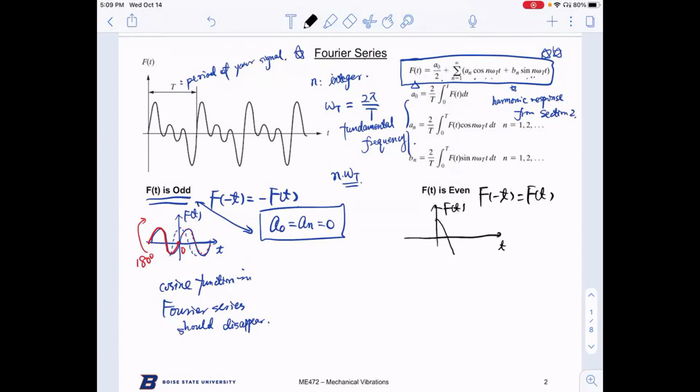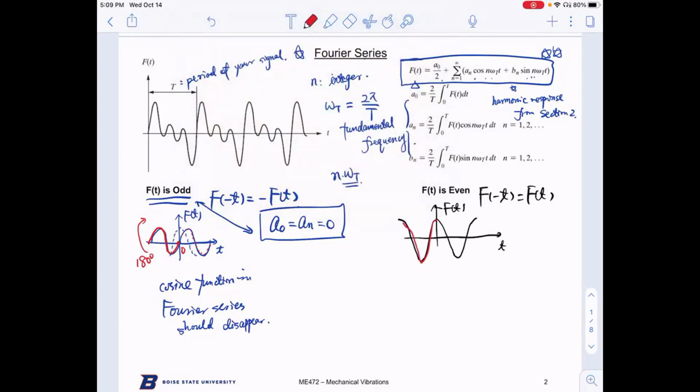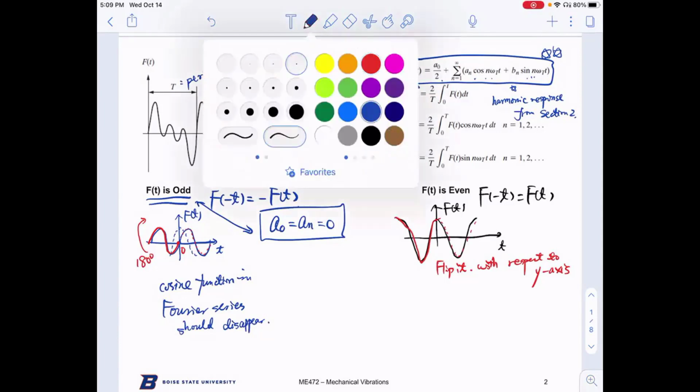In a plot, that means whatever is on the negative side, if you flip it with respect to the y-axis, then you get overlap. So this is how you find out if your function is even or not.